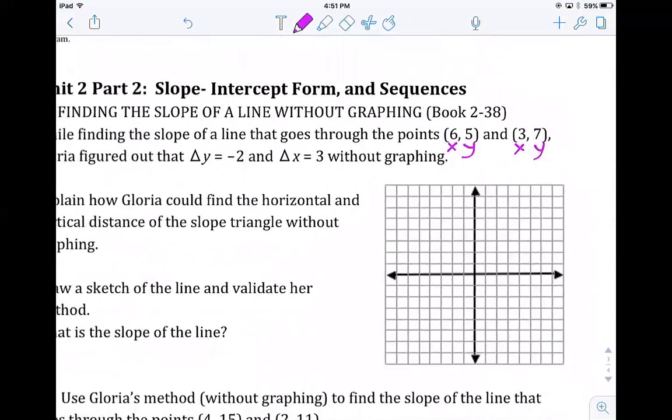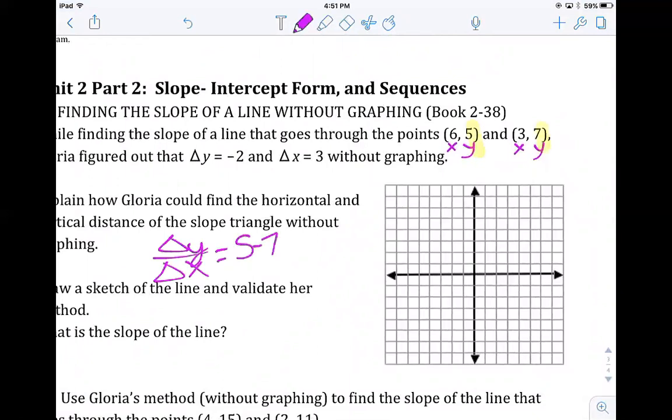So if we think about the slope formula, change in y over change in x, we're doing y minus y, so that's 5 minus 7, which equals -2, which is the same change in y that she got here.